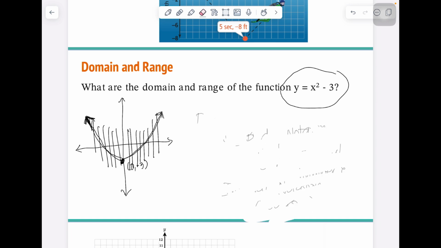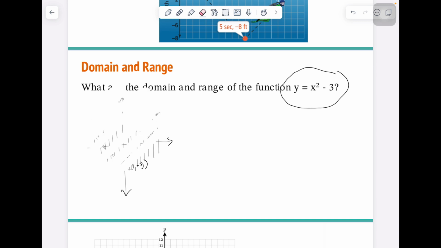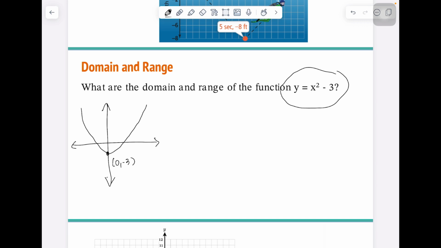Now, if we are asked for the range, let's graph it again. It's at 0, -3. So the range are all the y values covered on this graph.